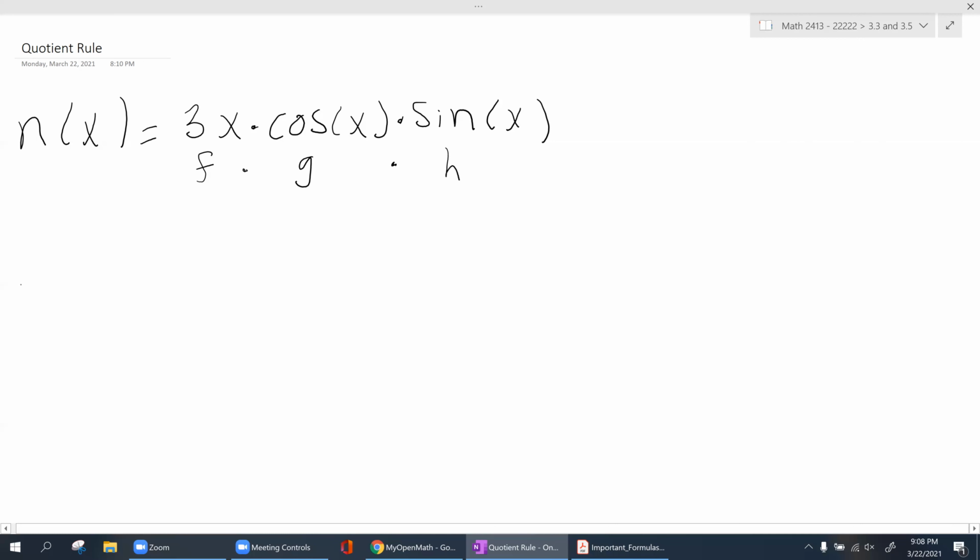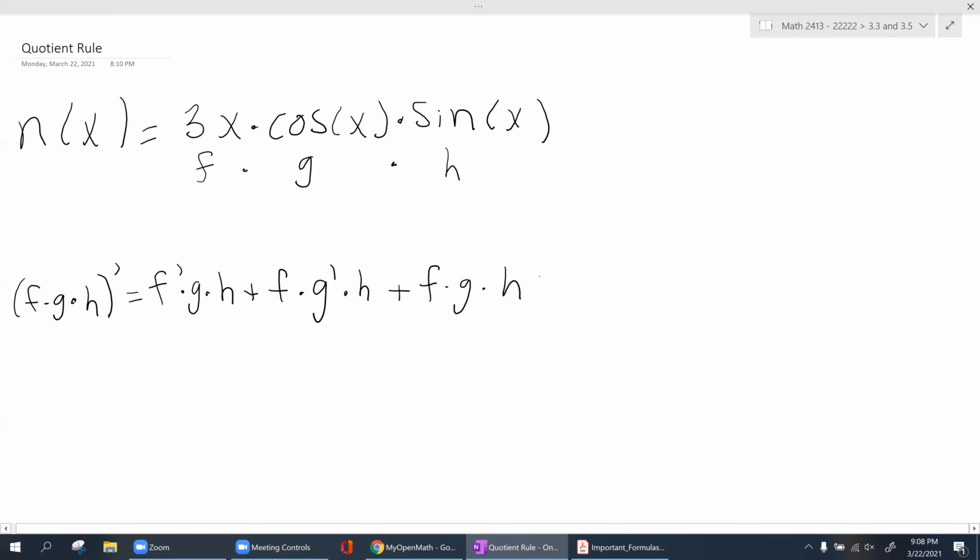So to find the derivative of three things that are multiplying each other, this is going to be the derivative of the first times g times h plus the derivative of the second times f times h plus f times g times the derivative of the last one, right? So you see that pattern going on, right? You multiply them all together, but the derivatives are switching between them, right?